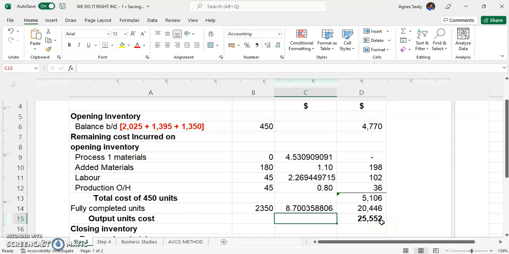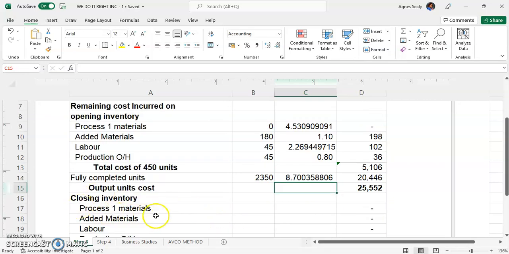So our total output units, the units that we are either transferring to another process or to finished goods, the value of those is $25,552, by taking the 5,106 and adding the 20,446 to that figure.